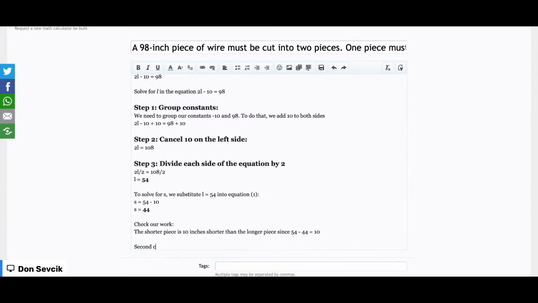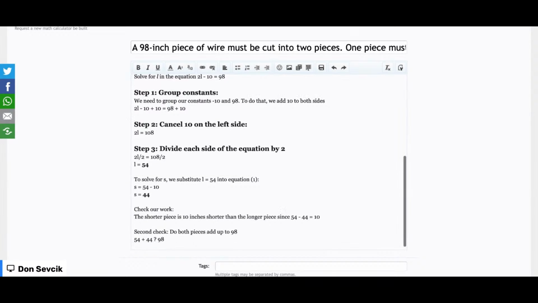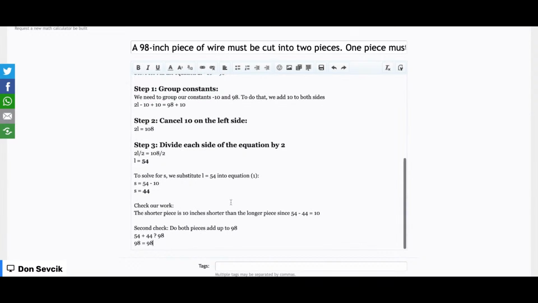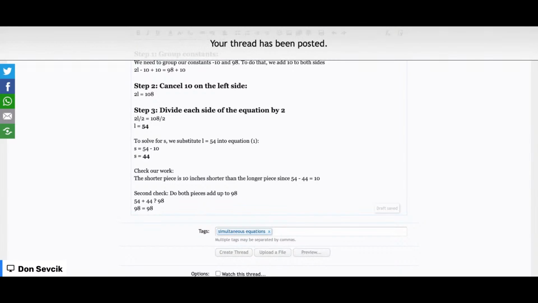Second check: do both pieces add up to 98? 54 plus 44 equals... when we add these two together, we do indeed get 98. So our work is checked. Those are simultaneous equations, and that's the answer. So the long piece is 54, the short piece is 44, and we are done.